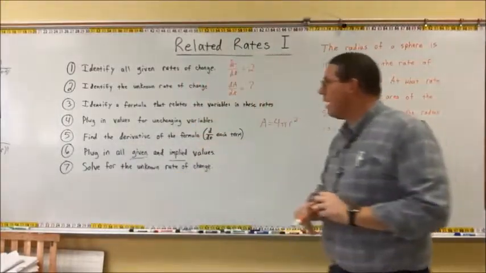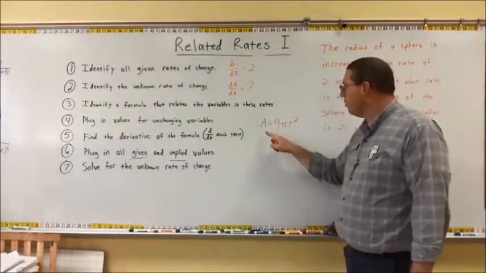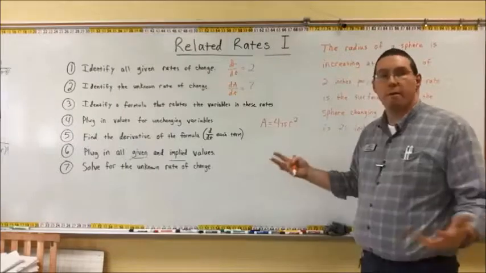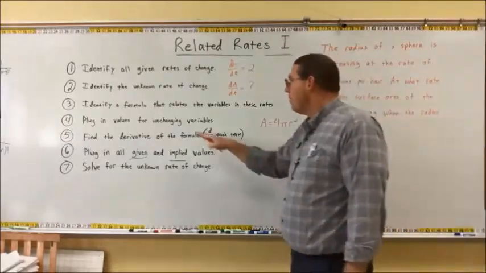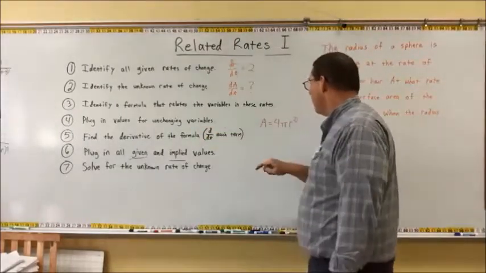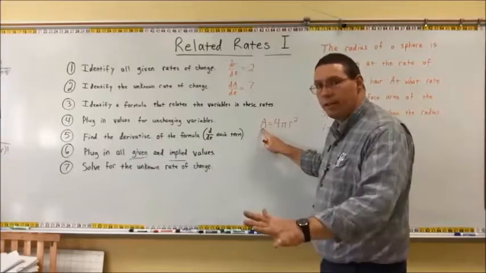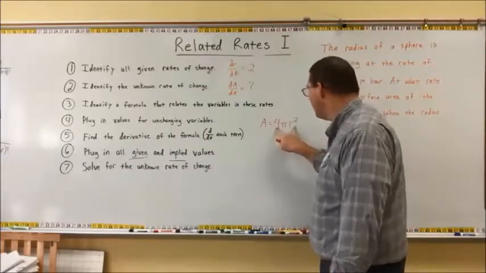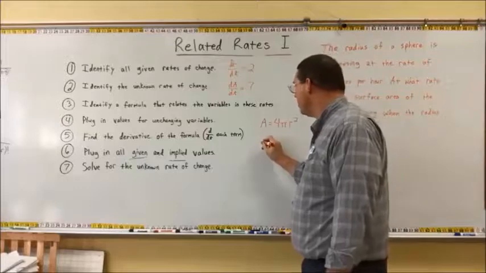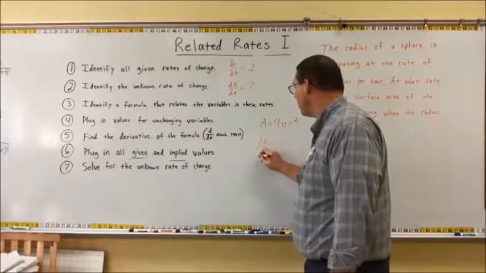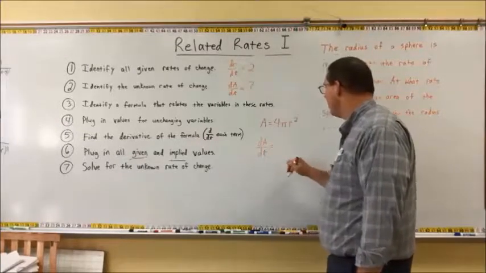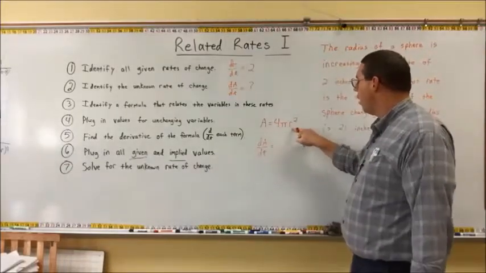Step 4, plug in values for unchanging variables. Well, we only have 2 variables, A and r. They're both changing. Find the derivative of the formula. Okay, we're going to d/dt this term, then we're going to d/dt this term. If we d/dt this term, we just get dA/dt like we always do. dA/dt is equal to. Now, what's the derivative of 4 pi r squared?